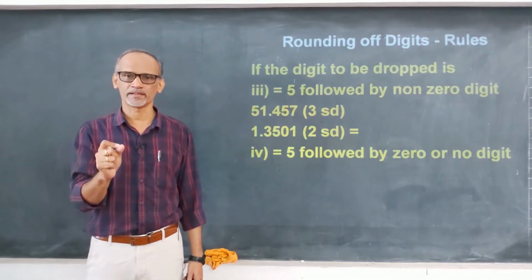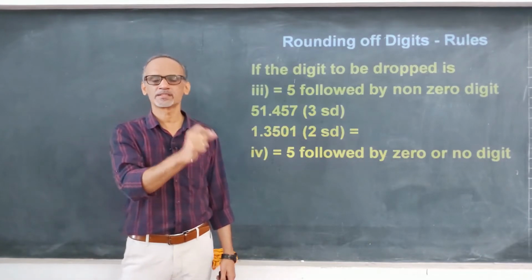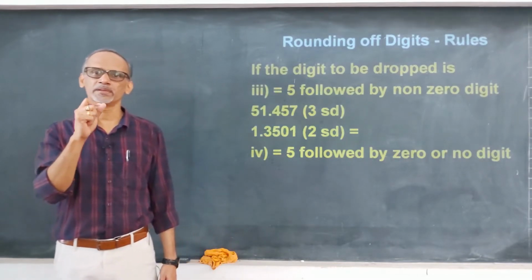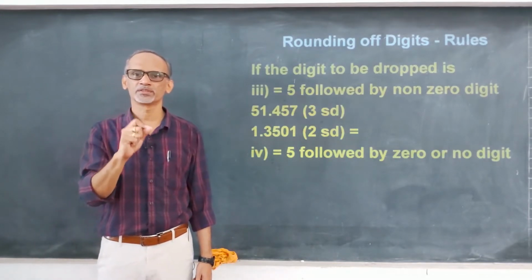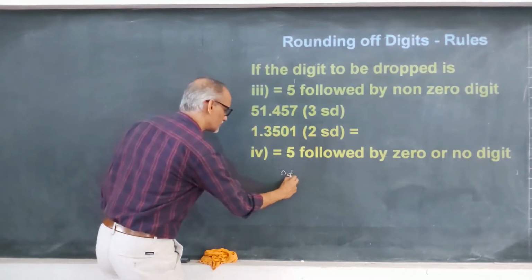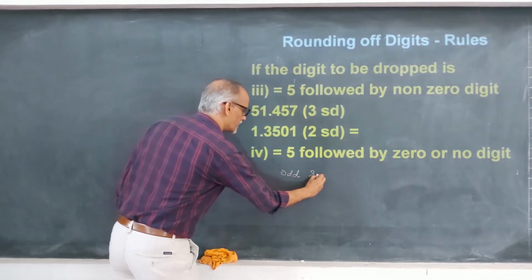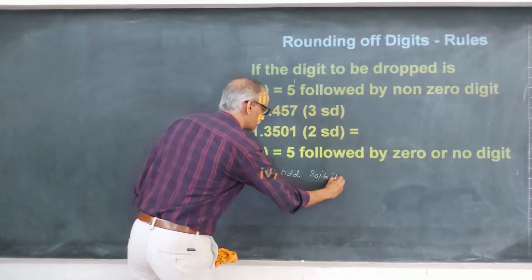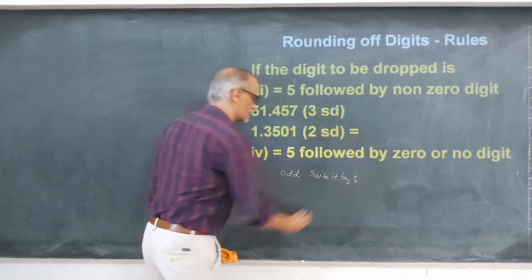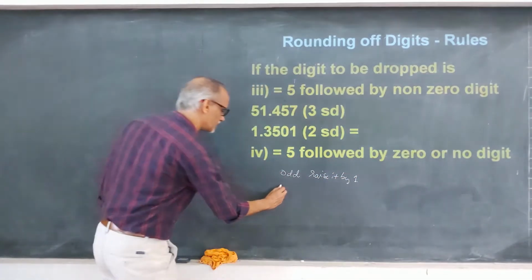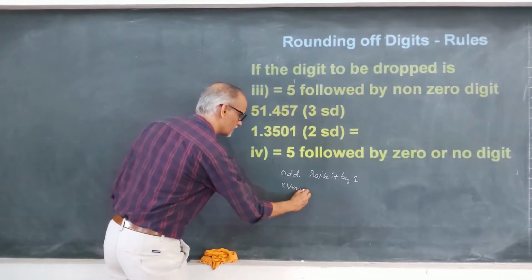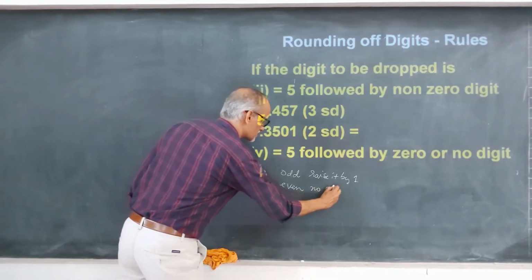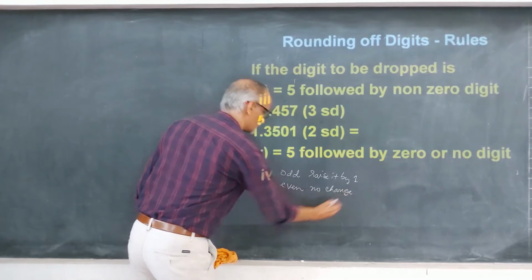If it is equal to 5 followed by no digits, then check the previous digit, and if the previous digit is odd, then raise it by 1, and if it is even, then there is no change in the value.